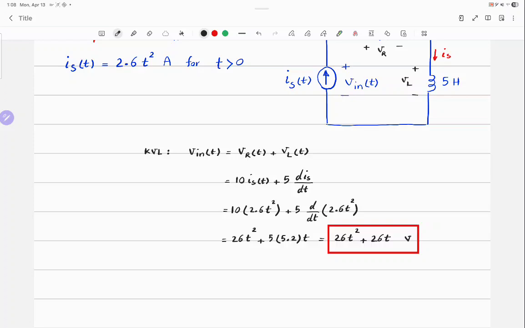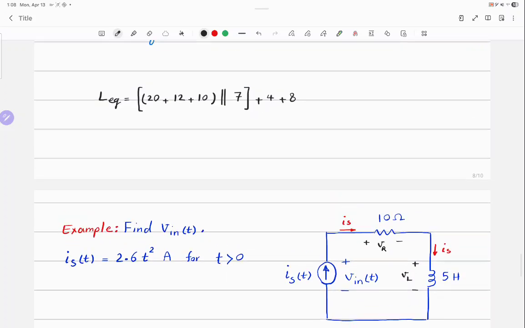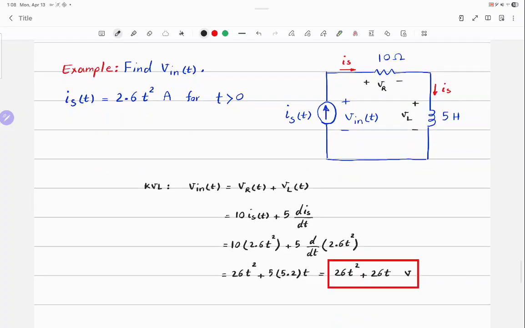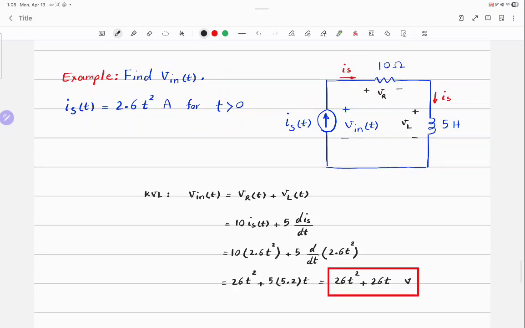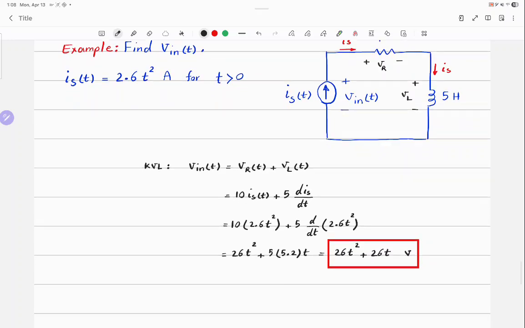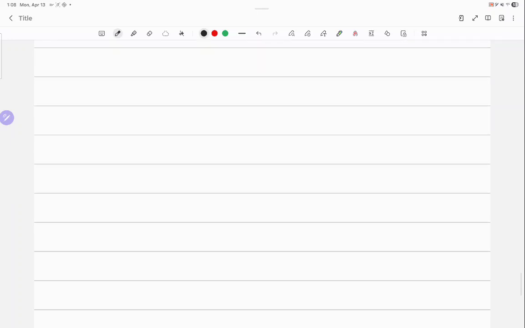So in this case, voltage is increasing quite rapidly. Yes, voltage is increasing with time, because t is positive. The current source is also increasing.